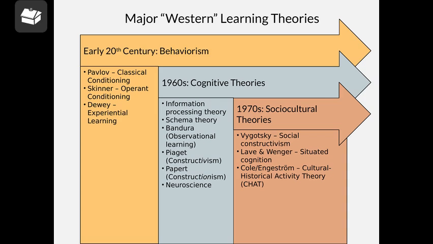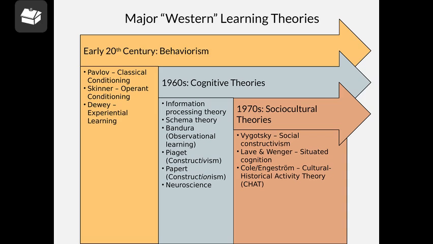Dewey, in the early teens, was very, very radical for his time. People debate whether it's even appropriate to include Dewey under behaviorism because he was so progressive at the time.